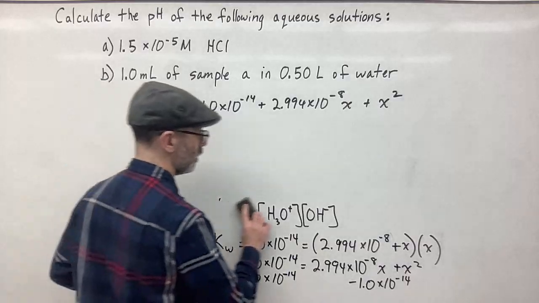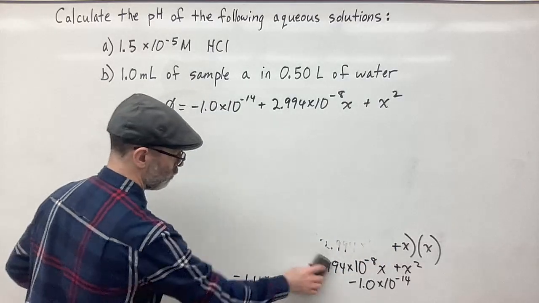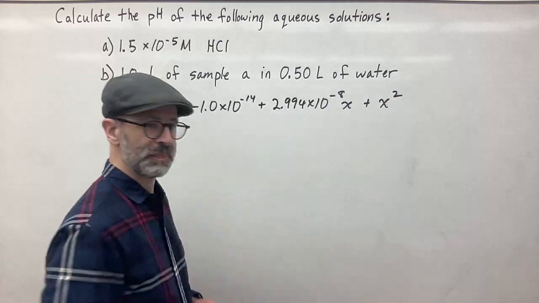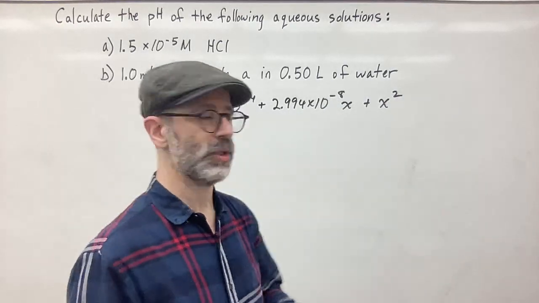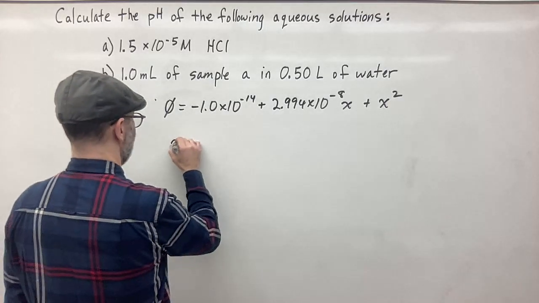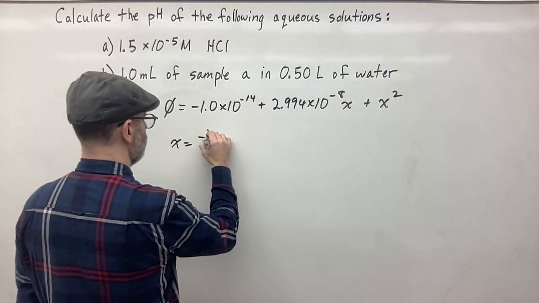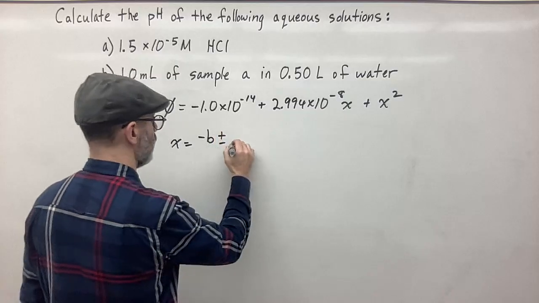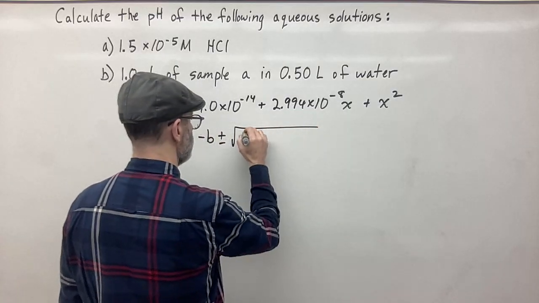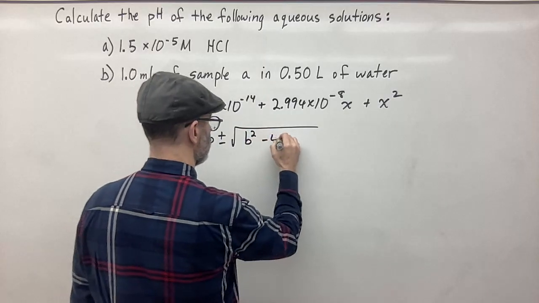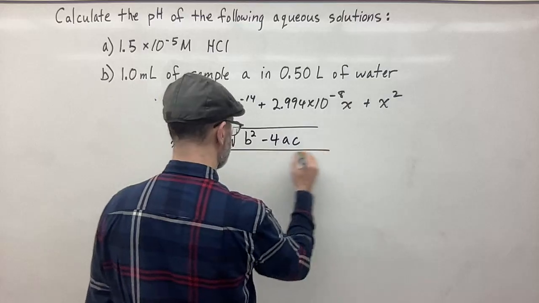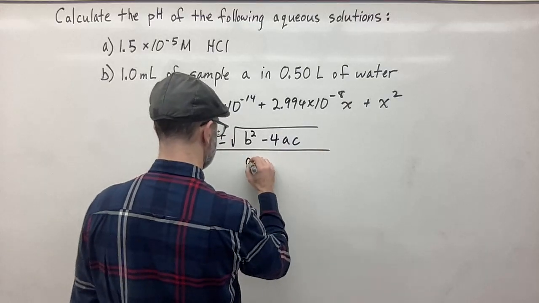And so now we can use our quadratic formula, which is x is equal to negative b plus or minus the square root of b squared minus 4ac all over 2a.